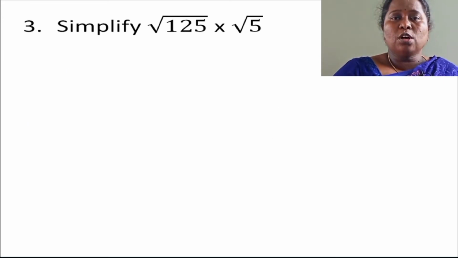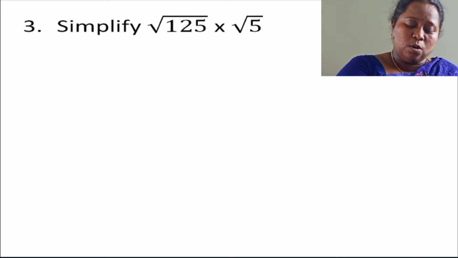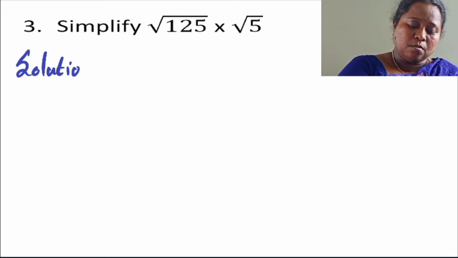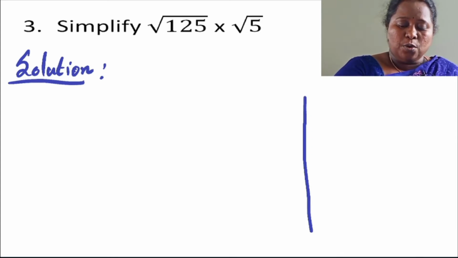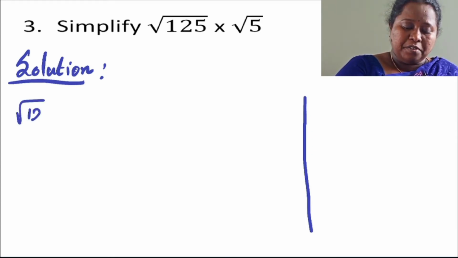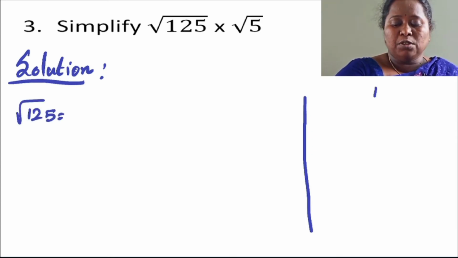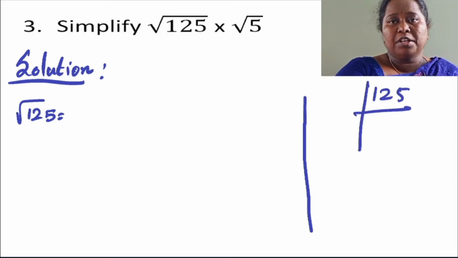The next sum: simplify root of 125 into root 5. See here, in this problem, we have to find out the prime factorization. Root 125 is equal to, first we have to find out the prime factorization. What is the prime factorization of 125?